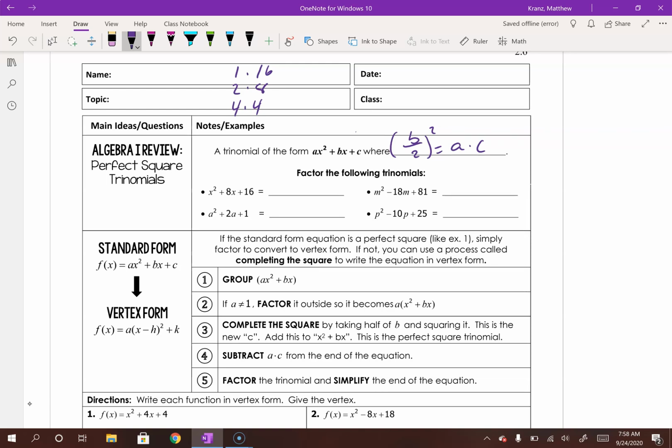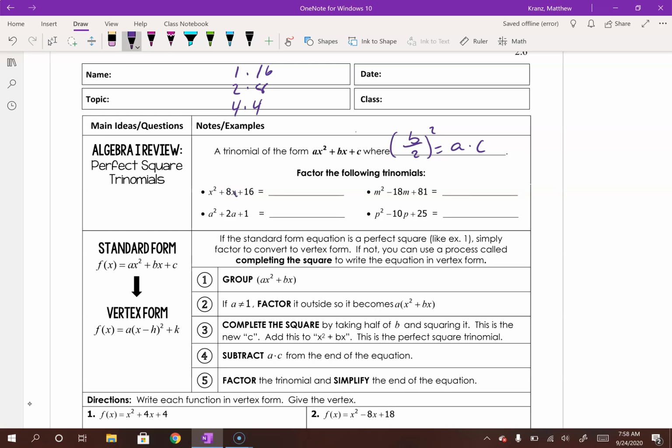They all equal 16. Now, what we're looking for is, because this is a positive, that means that both signs are the same. So either they're all positive or all negative. So positive 1 times positive 16, positive 2 times positive 8, positive 4 times positive 4. Or negative and negative. Now, how do we know which one to use? Well, when we multiply our two factors, they should equal 16, but when we add them together, they should equal the middle term, which is a positive 8.